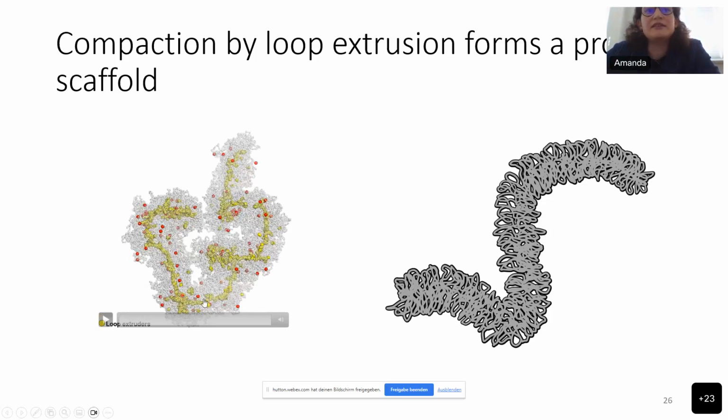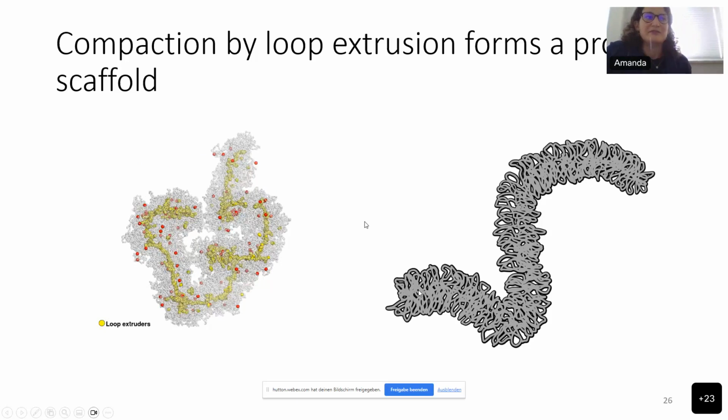Sometimes there are clusters of them, but they are always side by side. So they form a scaffold along the chromosome that is compacted by loops.